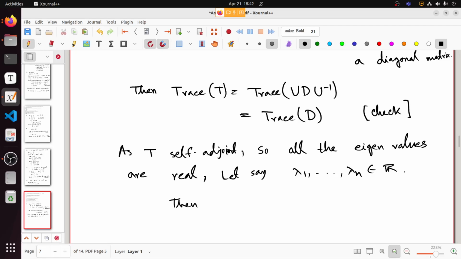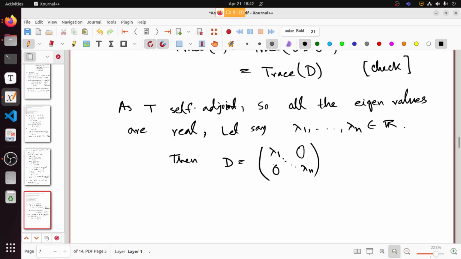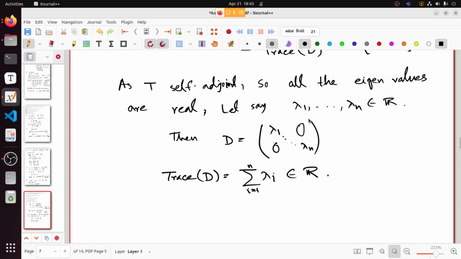Then D will look like lambda 1 up to lambda n on the diagonal and all others are 0. So then what is the trace of D? Trace of D will be the sum of these diagonal entries, summation of lambda i, i equals 1 to n, and as each lambda is real, this is a real number, right? So therefore the trace of T is real.